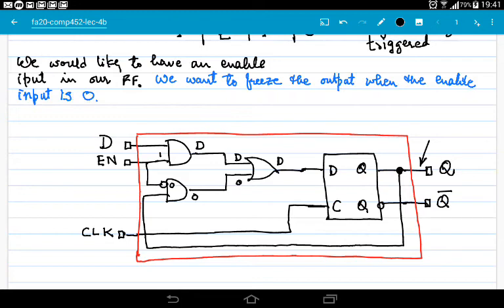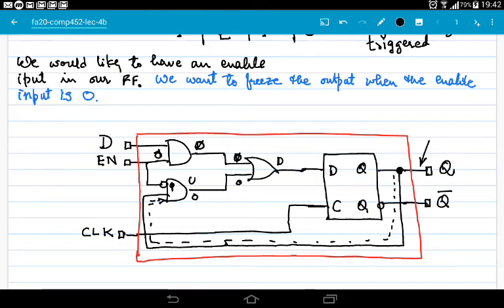But when enable input is 0, let's see, then this input becomes 1, this becomes 0, this becomes 0, and look, this Q output is going all the way back to the input of this AND gate.